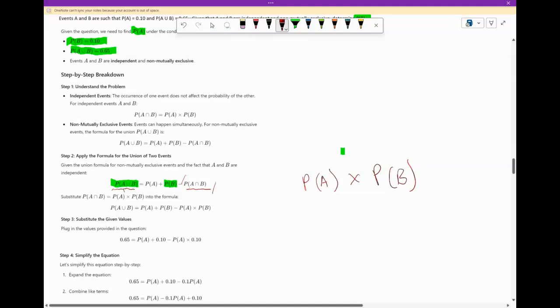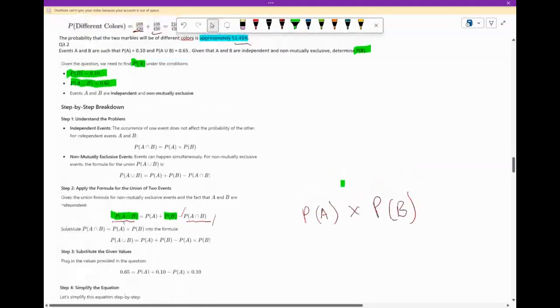Okay, so what this equals then, to get your intersection, because of that, it is then the probability of A times the probability of B. That's what it is, okay?